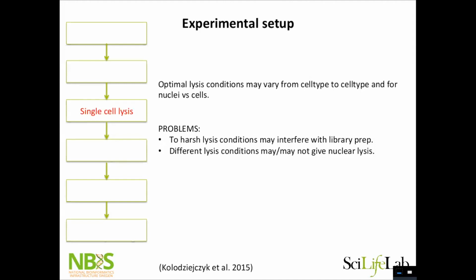What I've also seen in data is that depending on the cell type, you may or may not get nuclear lysis of your cells, and that will give a clearly different transcriptional landscape, because the nuclear transcripts will be detected or not depending on whether you have nuclear lysis. So that can also be important to think about.